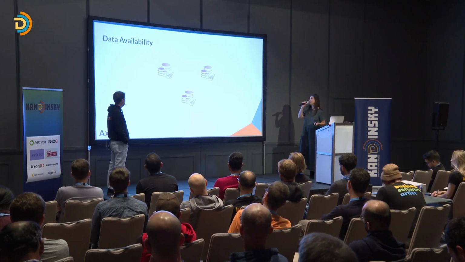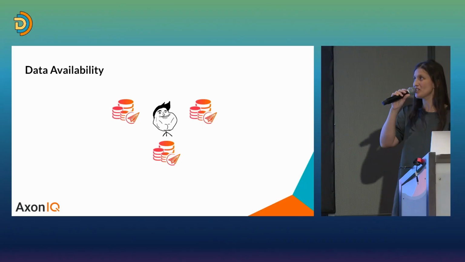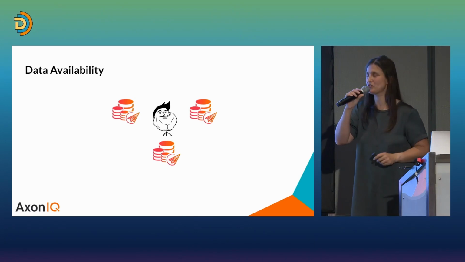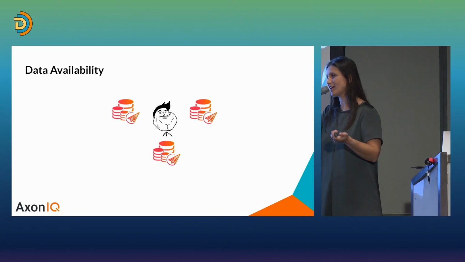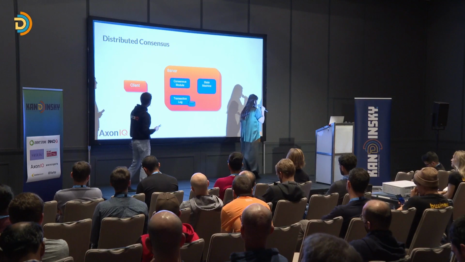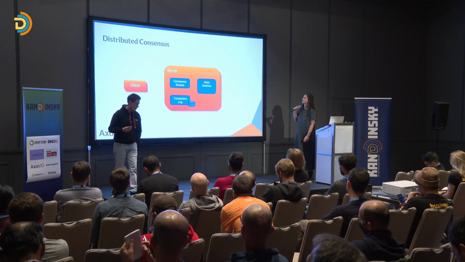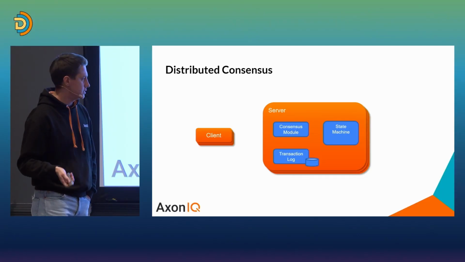The solution here is to replicate data across multiple instances. But unfortunately, replicating data in a distributed environment, guaranteeing the consistency of all of them, is not a trivial operation. Lucky for us, there are some protocols that can help us, called distributed consensus protocols. Now we're just going to see, on a high level, how they work.